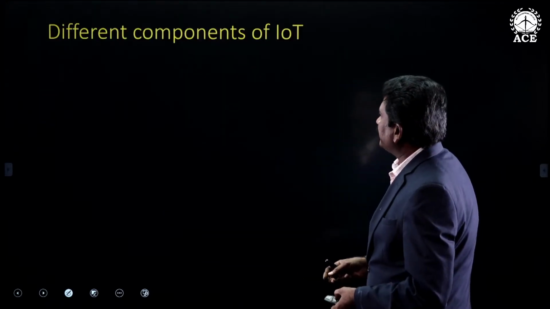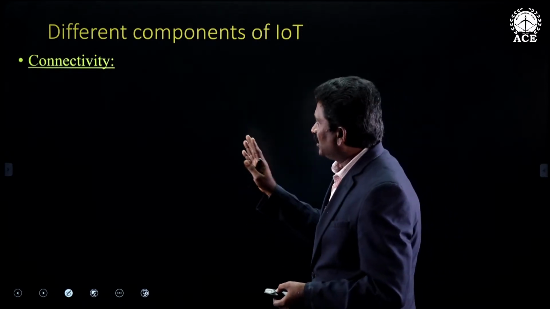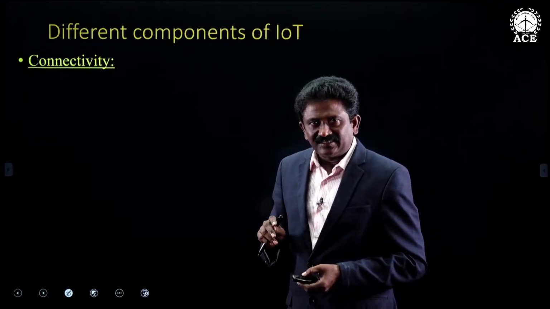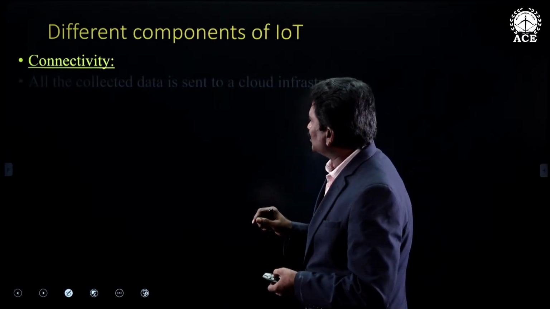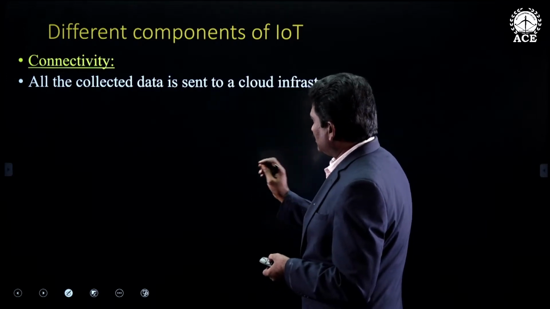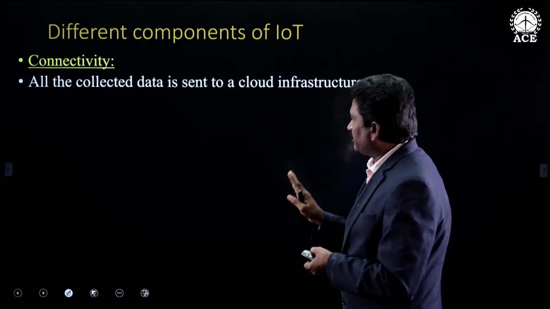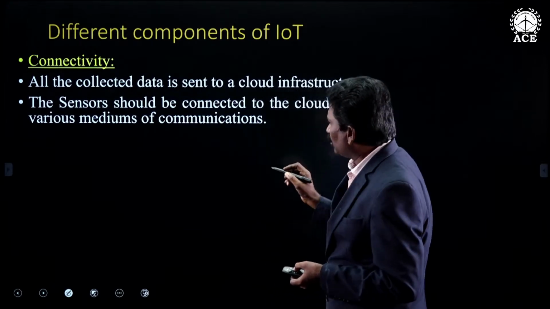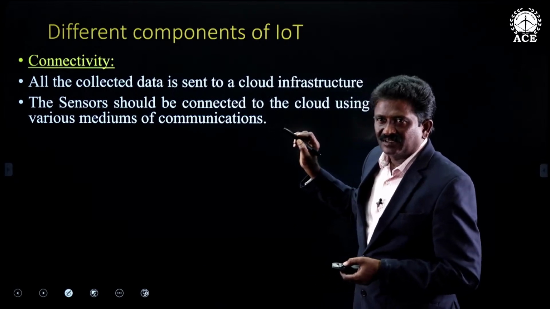So what are the different components involved in IoT? Already I have given an idea about the first one, sensor devices. Second, connectivity. Connectivity is also an important factor. All the collected data is sent to cloud with the help of infrastructure. So the sensors should be connected to the cloud using various mediums of communication.